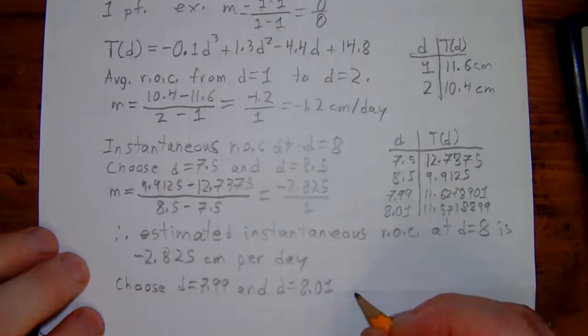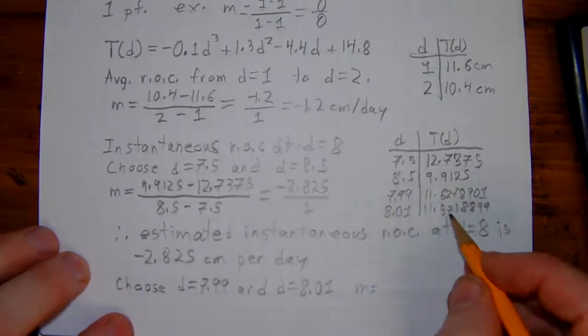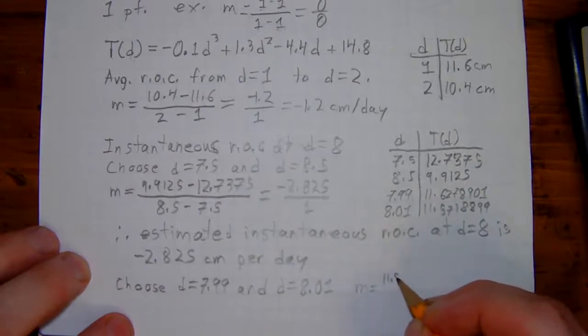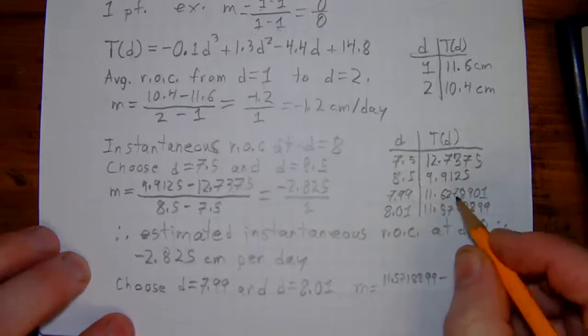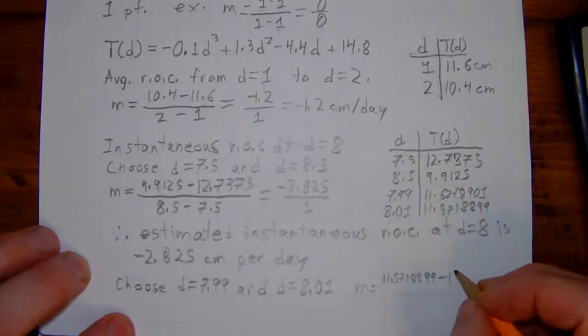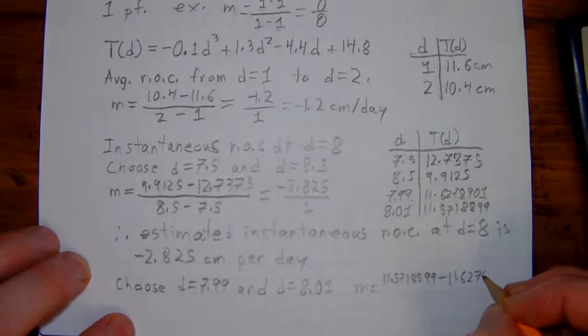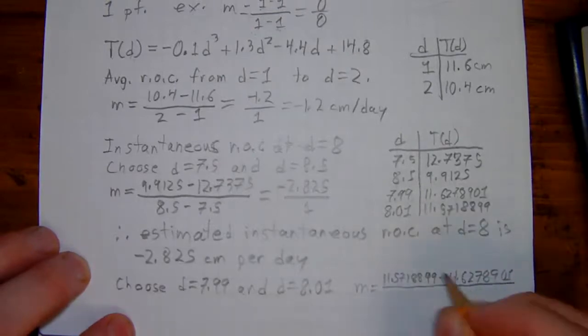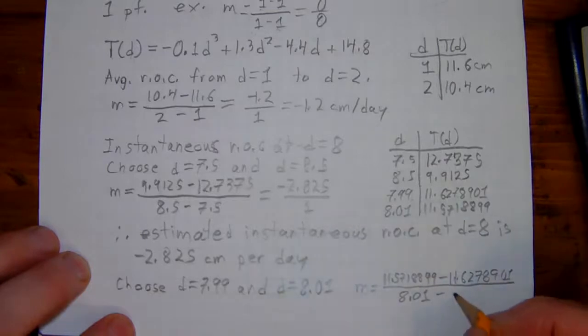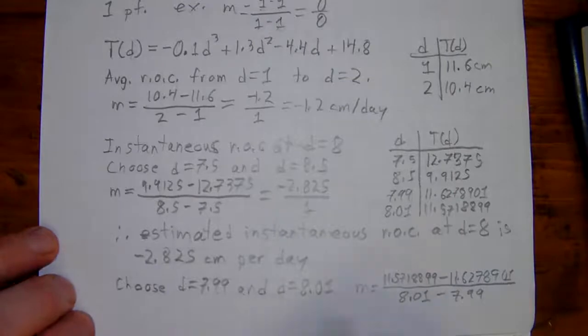So if we do that, we'll get m equals, well, y2, 11.571889 minus y1, 11.6278901 over x2, which is 8.01, or I guess d2, because it's d rather than x, minus 7.99.